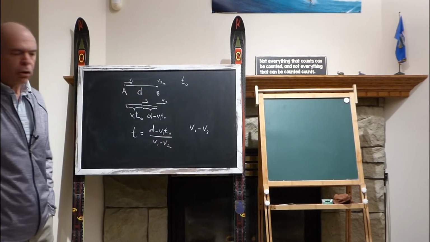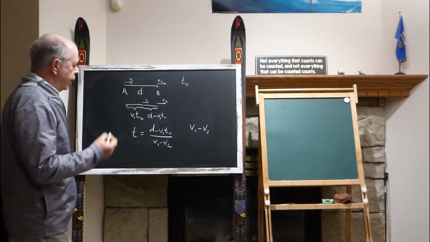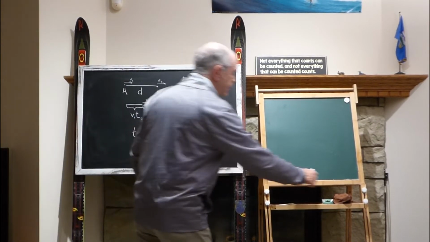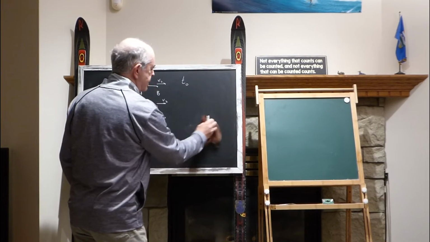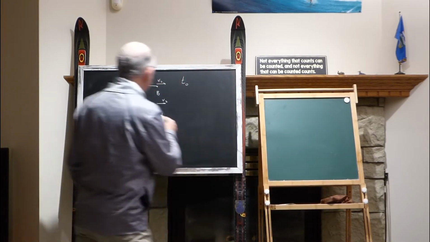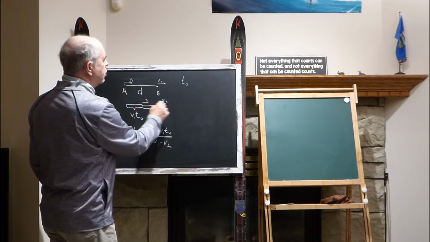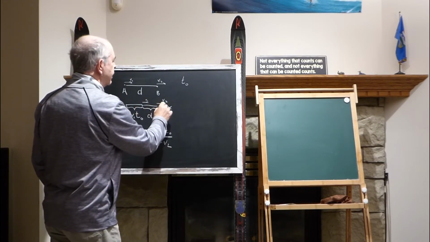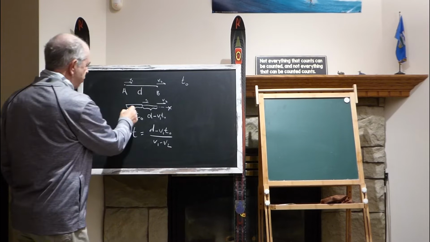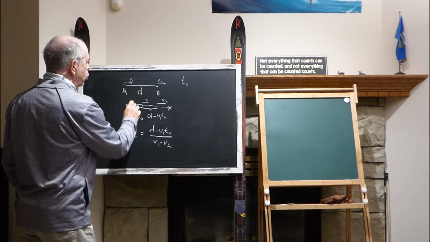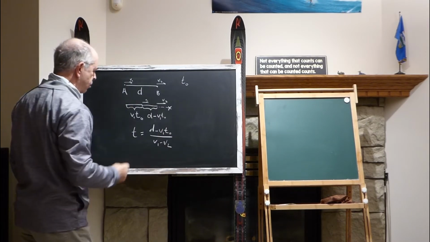And that basically solves the problem, except they are asking us about the time not from that moment, but from the beginning to the moment of interception. So from the beginning we have to add this t0.